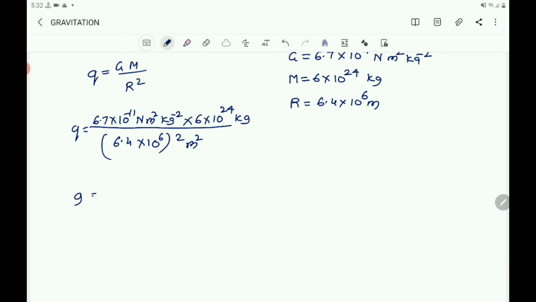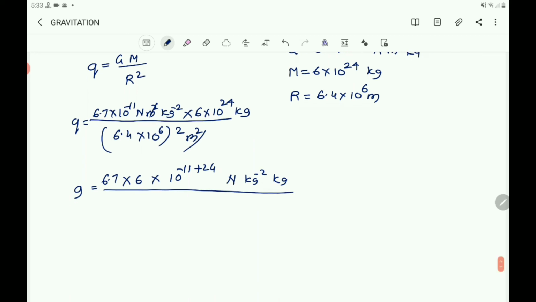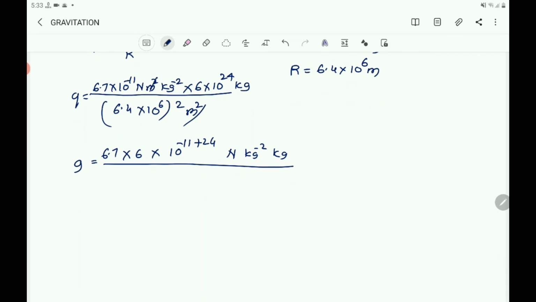Then you write equals 6.7 into 6 into 10 power minus 11 plus 24 N m square kg power minus 2 kg by 6.4 into 6.4 into 10 power 12. Here you can cancel m square, m square.